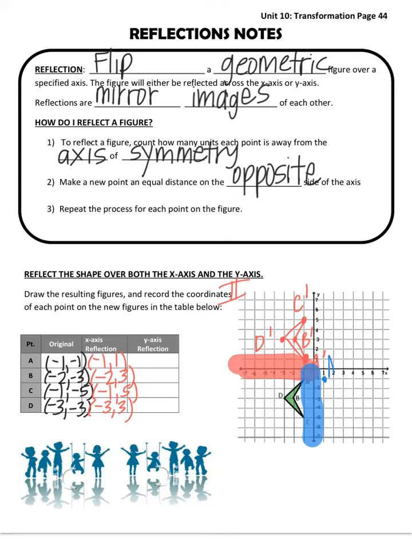We'll call this A prime prime. So that's at 1, -1. Okay, so B is 1, 2 units away. So it'll be 2 units away on the other side. So at 2, -3.